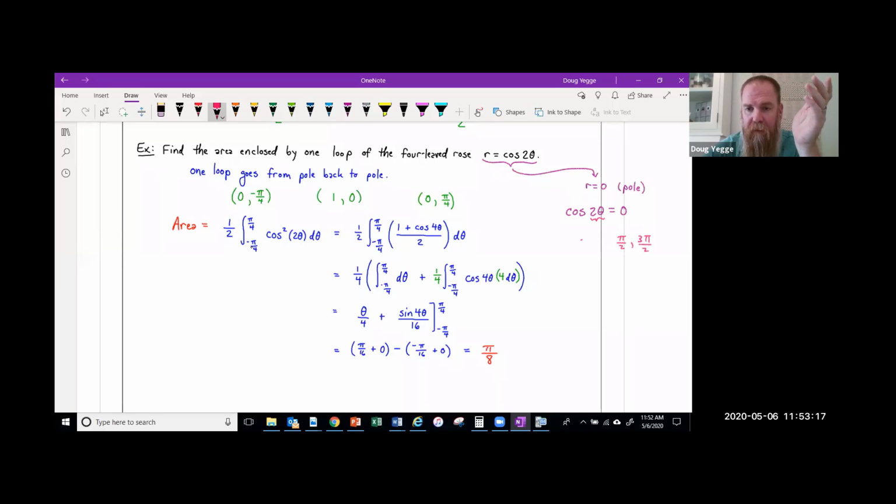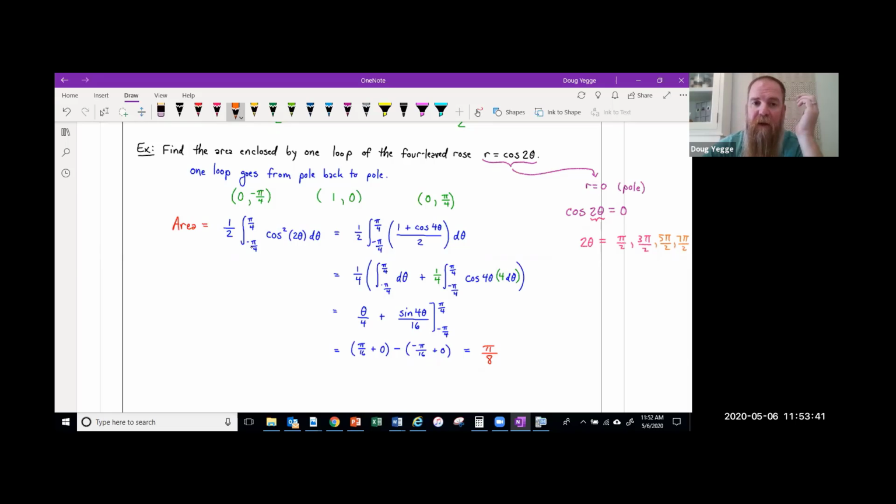So that's why I know that 2 theta is equal to pi over 2 and 3 pi over 2. Which means in a second I'm going to have to divide by 2 in order to find what the actual angle is. But secondly, because I see that there's a coefficient of 2, I need to list out 2 rotations.